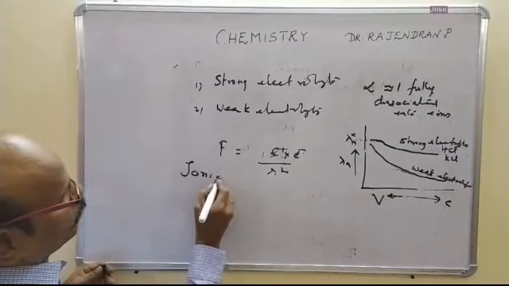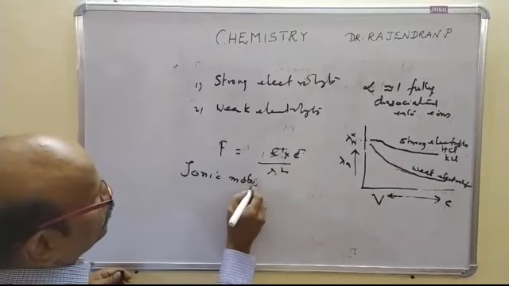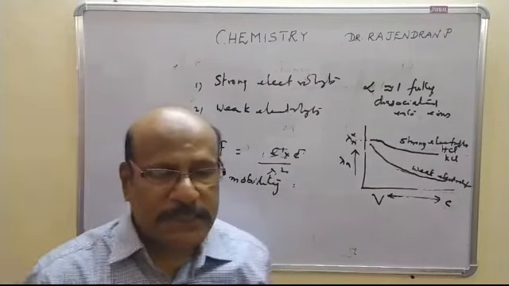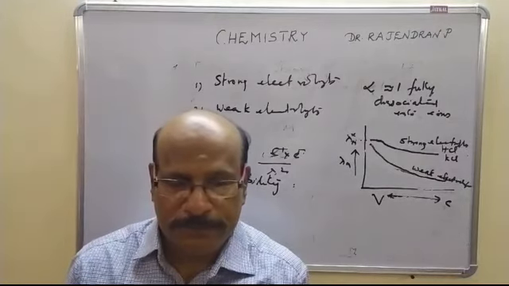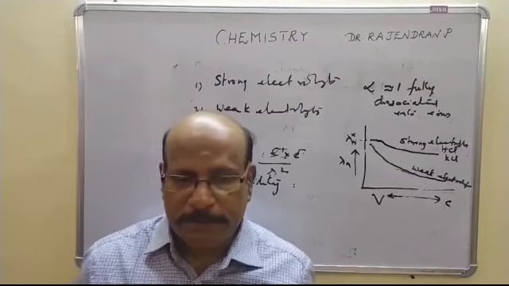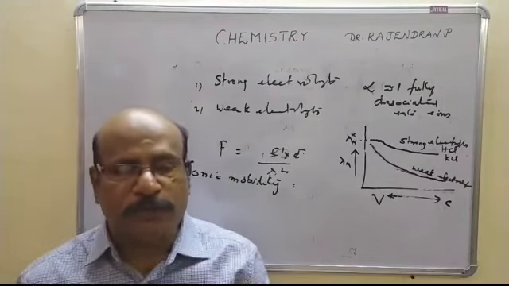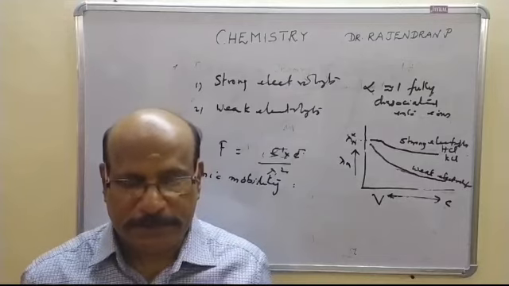Ionic mobility, the speed or velocity of the ion, is defined as the distance travelled by the ion per unit time under an applied potential of 1 volt per square centimeter.